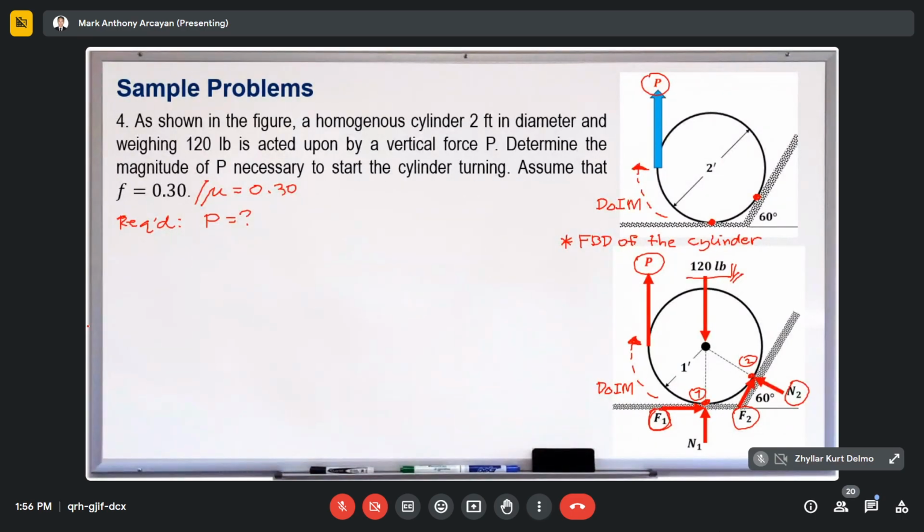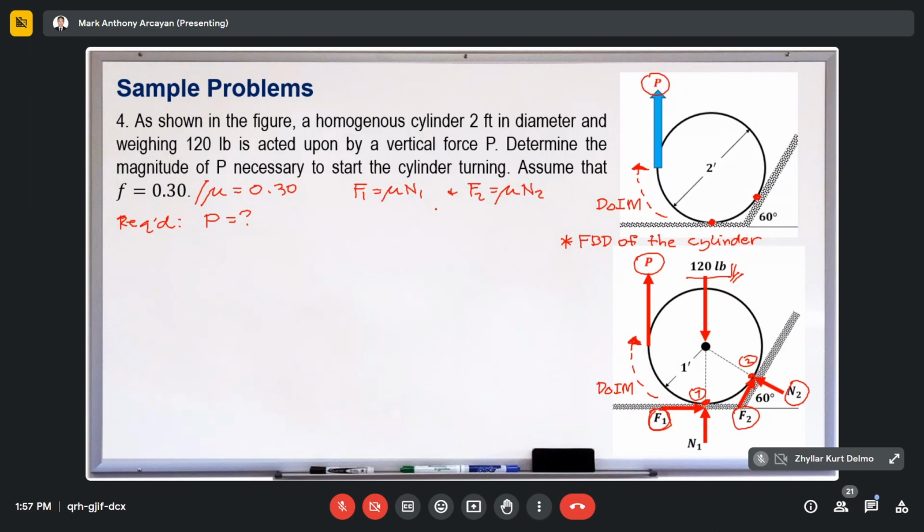So we count one, two, three, four, five unknown forces, but it can be reduced into 3 unknown forces because F1 and N1 can be combined using the general formula of friction: F1 is equal to mu N1, and the other one, F2, is equal to mu N2.